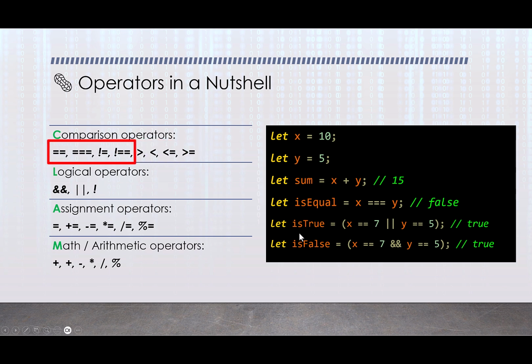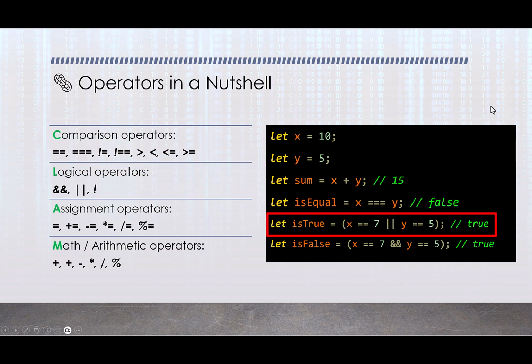All right, let's look at the next line down here. Let is true be assigned the following. All right, this big parentheses here. We're now doing a comparison with x and the number 7. So we're asking the question, is x equal to 7? The answer is no. But then we have those two pipe symbols. That is the OR operator. That's a logical operator. That's the L of the CLAM or the CALM acronym.